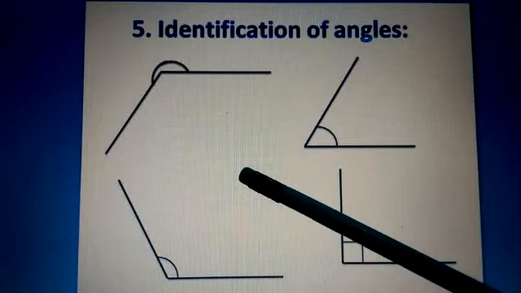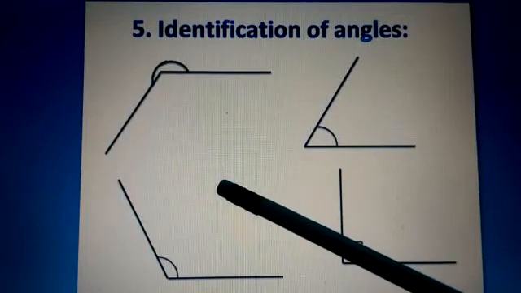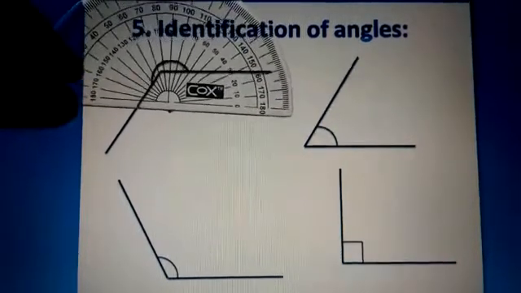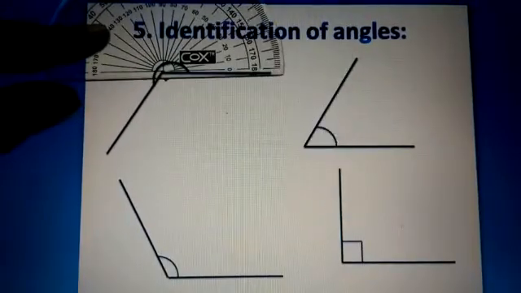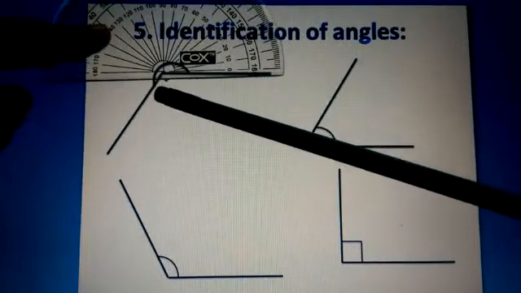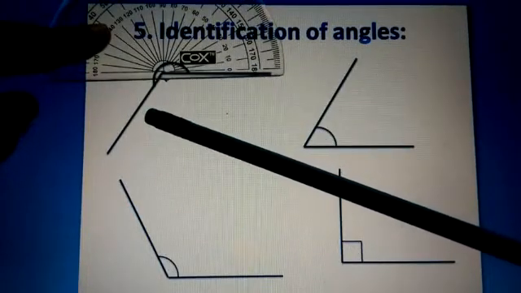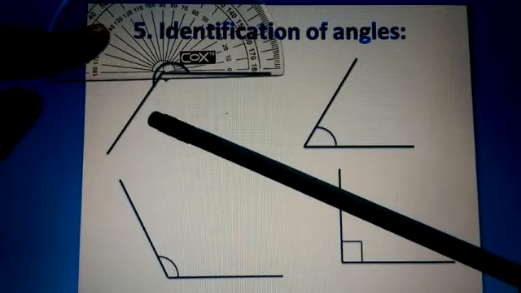So remember the definition and then recognize the angles. Now if I place a protractor at the center, you can see this angle is more than 180 degrees, so we can say that this angle is a reflex angle.